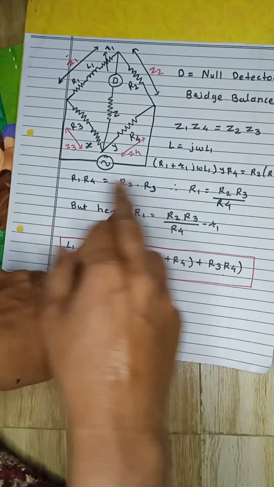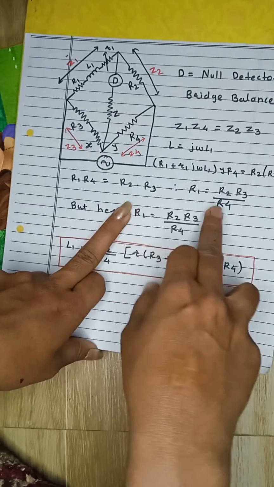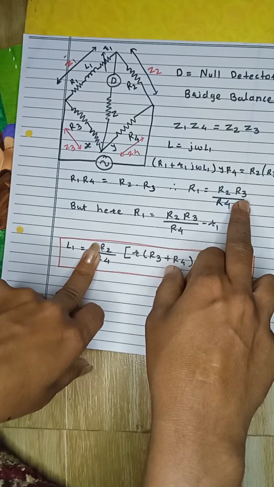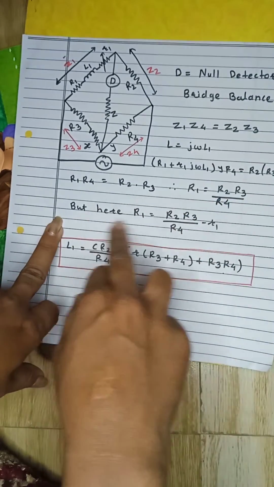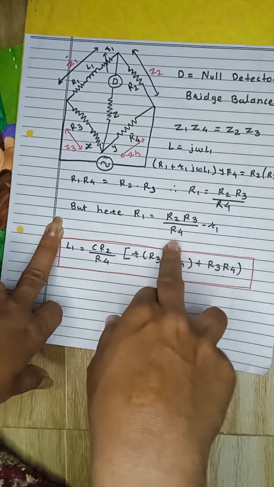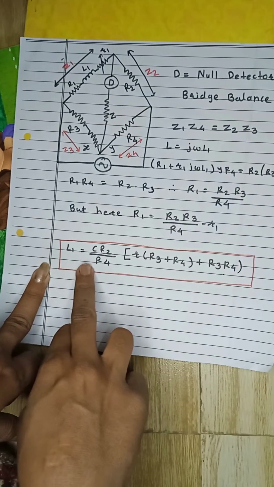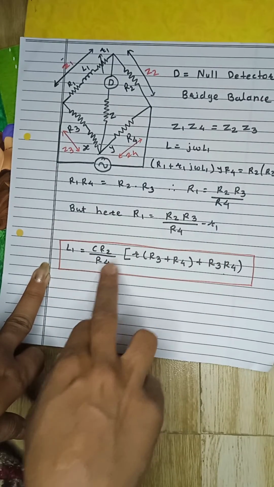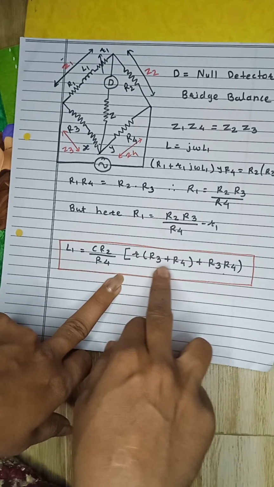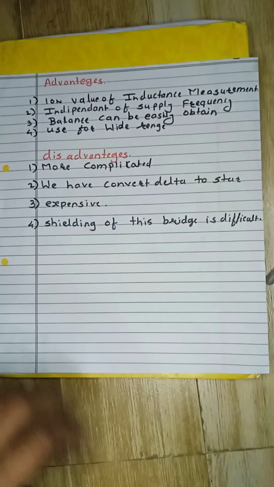After transferring R4 to the right-hand side, we can write R1 is equal to R2 into R3 divided by R4. But here, R1 is equal to R2 into R3 divided by R4 minus r1. So L1 is equal to C R2 divided by R4 into r in bracket R3 plus R4 plus R3 into R4.